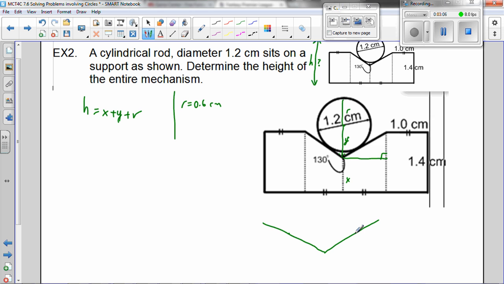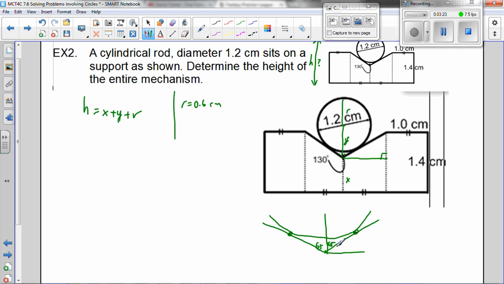And that's where the circle is sitting. The rod is sitting like this. There's the points of tangency. If this is 130, I split that in half. This is 65 and this is 65, isn't it? It splits straight in half.